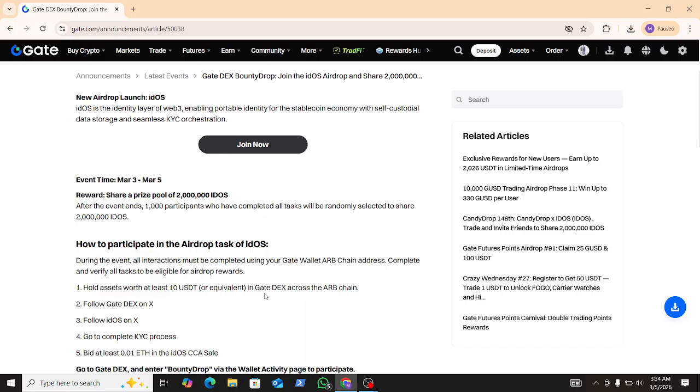How to participate in airdrop tasks of IDOS. During the event, all interaction must be completed using your Gate wallet ARB chain address. Complete and verify all tasks to be eligible for airdrop rewards. Hold assets worth at least 10 USDT equivalent in Gate DEX across the ARB chain.